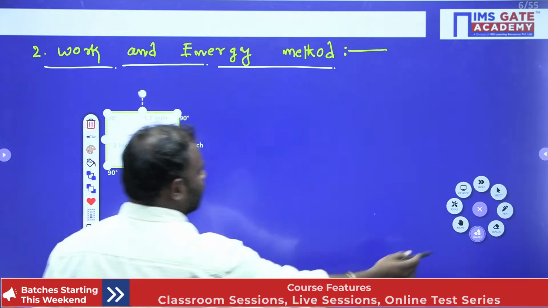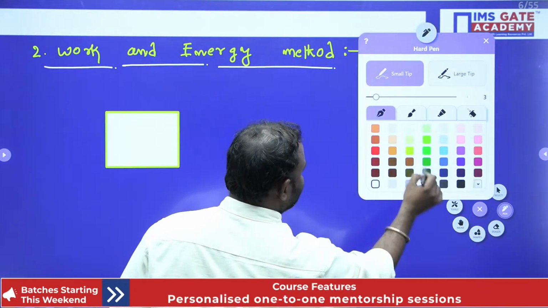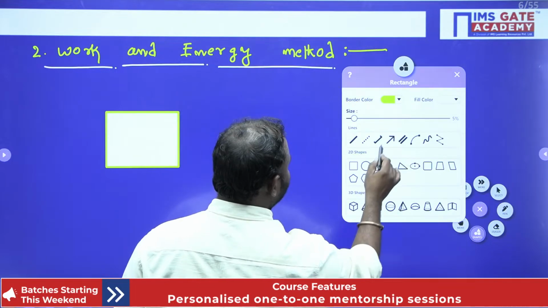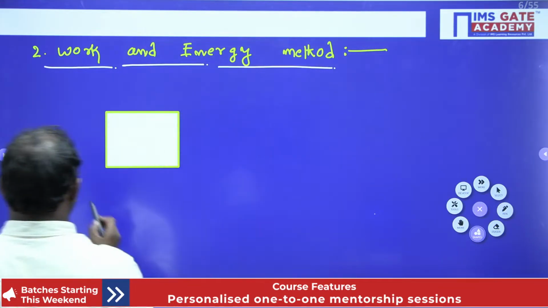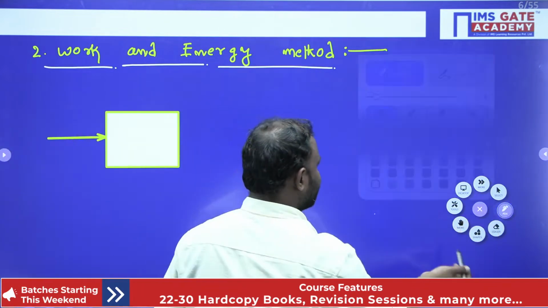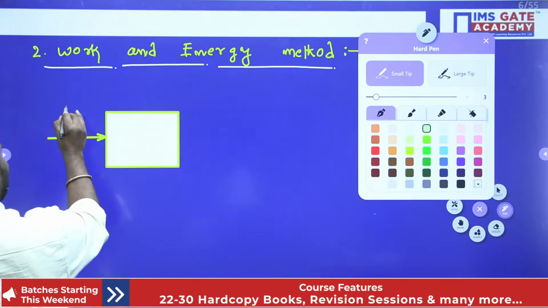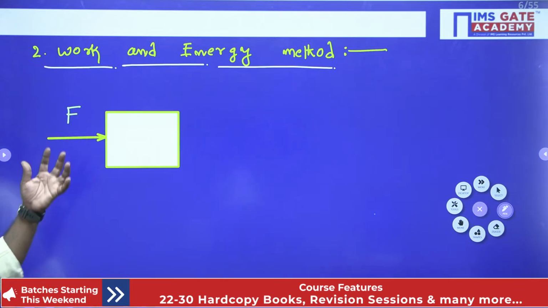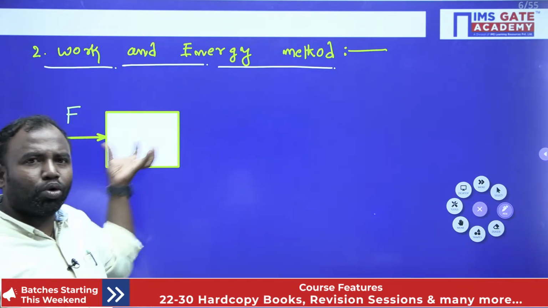Now suppose I am taking one shape here, one body. I applied a force F such that it creates some motion to this body.